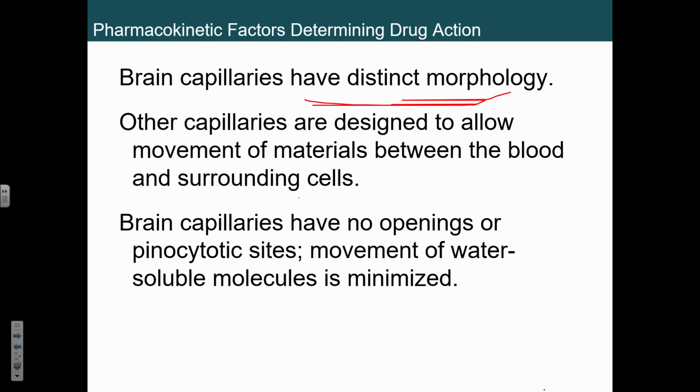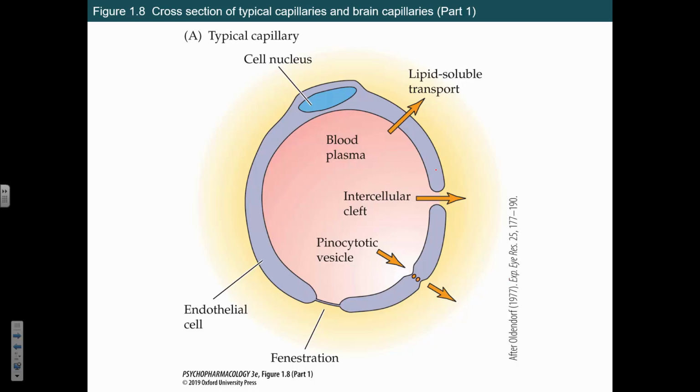So there you go, something fun. They have fenestrations, which are spaces between the cells, so it's really going to allow things to flow in and out sort of freely. In the brain, it doesn't really have that because it's really going to minimize the movement of those molecules. Again, that's why you want things that are lipid-soluble because they can slide in and out quite easily. There you go. There's a fenestration.